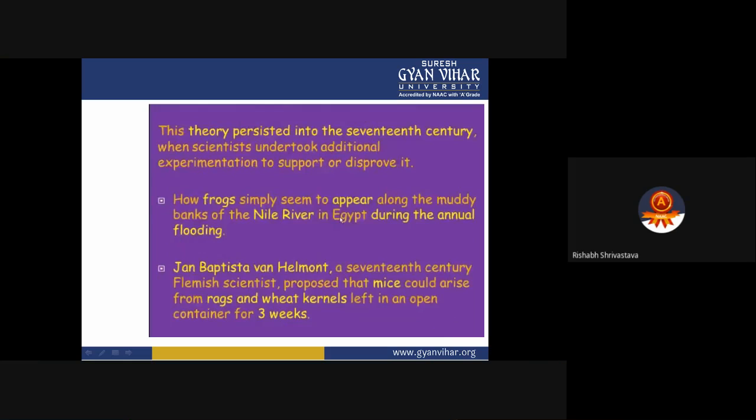This theory persisted into the 17th century, and certain experiments were carried out to support or disprove it, because a lot of question marks were being raised against it. The one example I gave was about toads and frogs. How do these frogs simply appear after a rain?